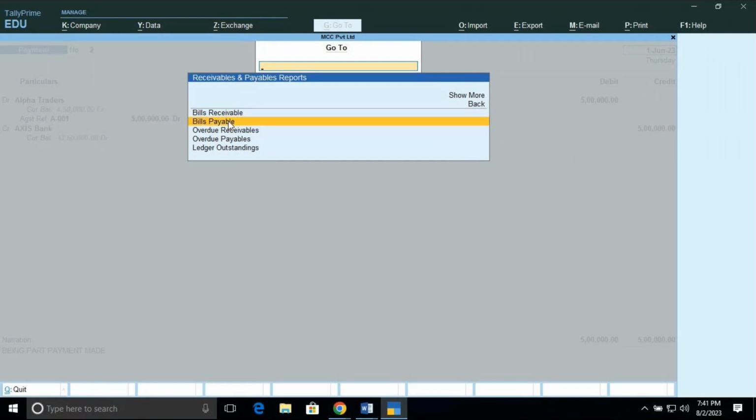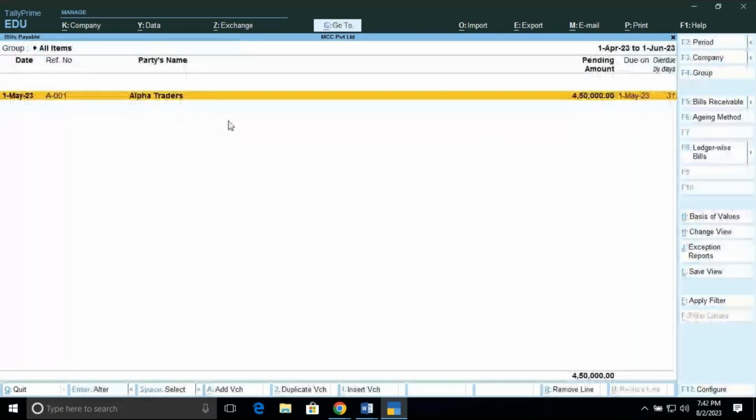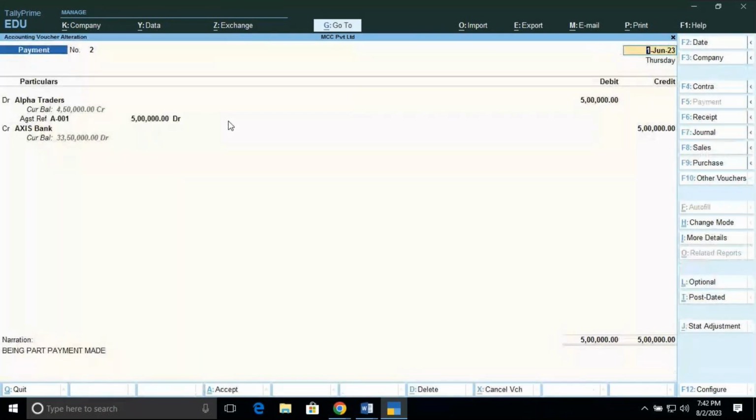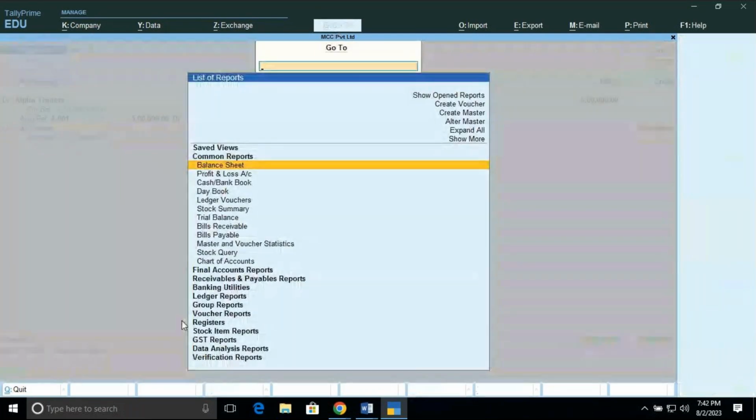It will say 4,50,000 is the pending amount. Then you can also go to bills payable, ledger outstanding, or go to trial balance and check there.